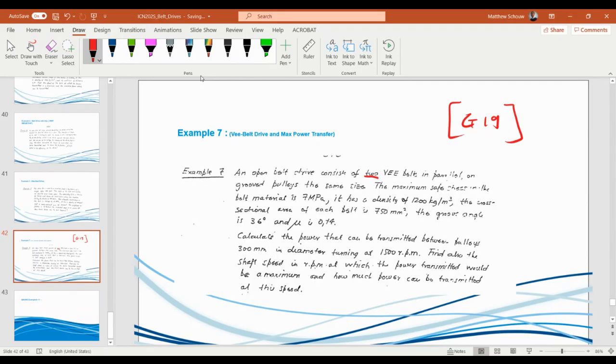What's also important here, what I did mention to you, is 2 parallel pulleys of the same size. Your angle of lap is 180 degrees or pi radians, so 3.14 radians. So anyway, guys, you made it to the end of belt drives. Let's try this one.